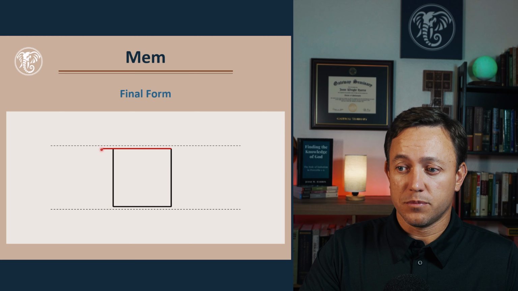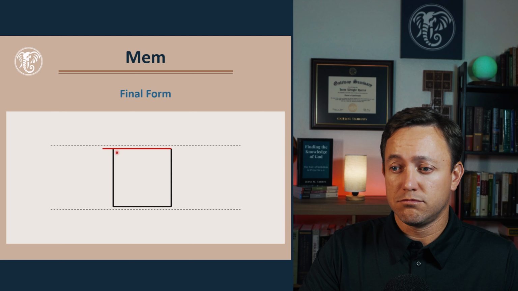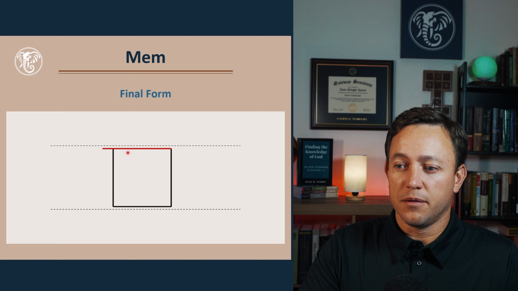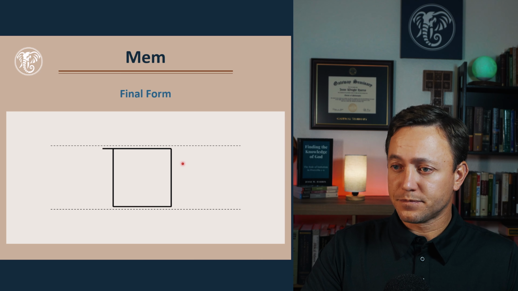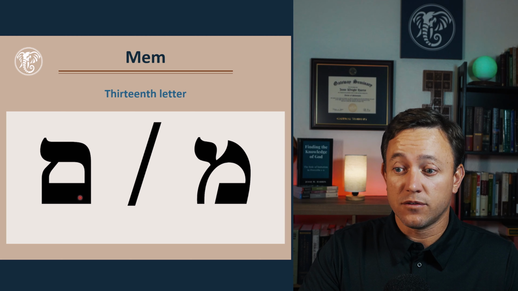So even this little piece that hangs off the end here, as we'll see, is really not necessary, though most fonts do have something here. But in either case, it's really just simply a box, okay? And so that's our final form of the mem. So we have this little mountain version, if you will, of mem, and then the final form is a box.